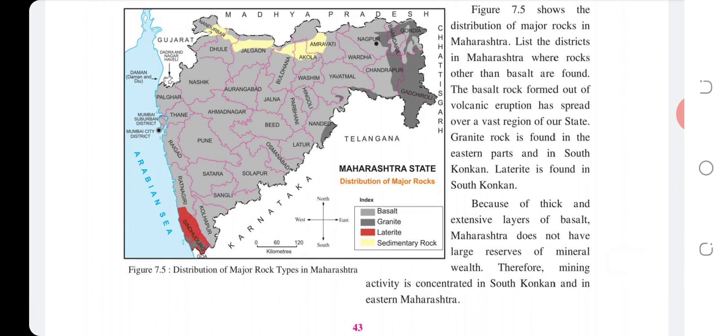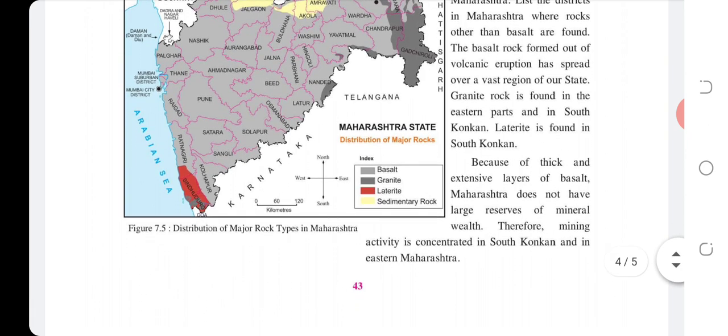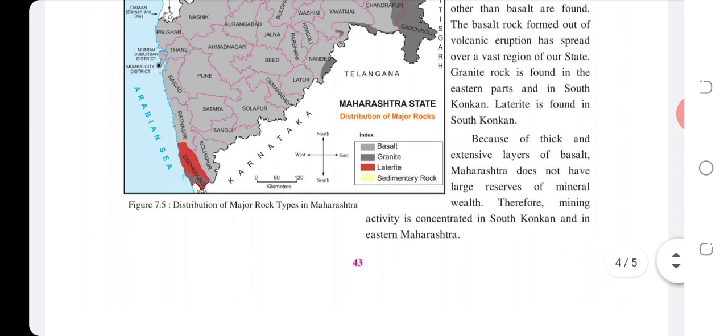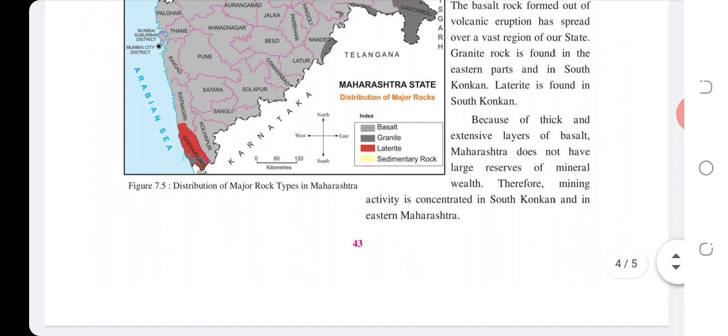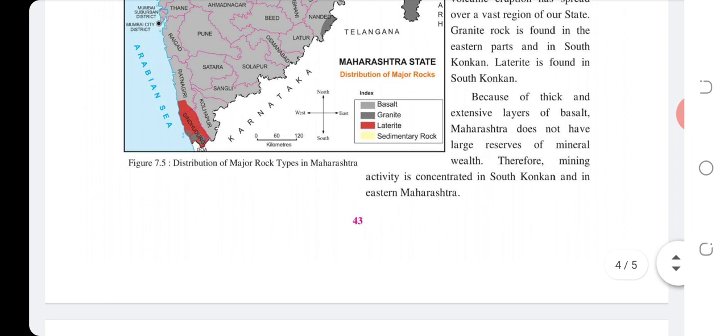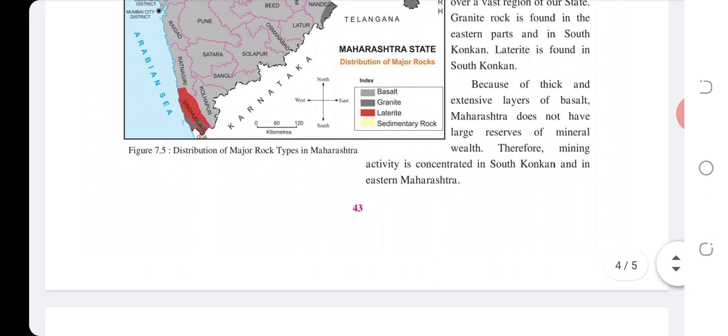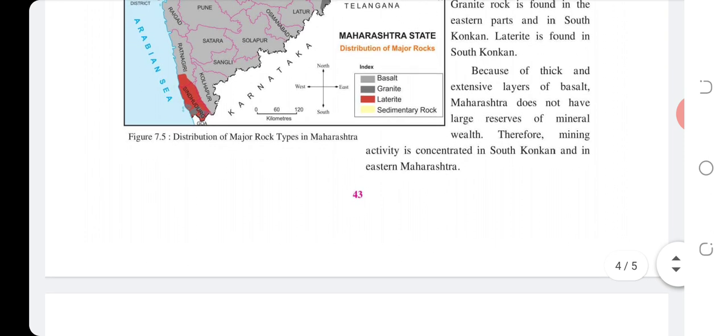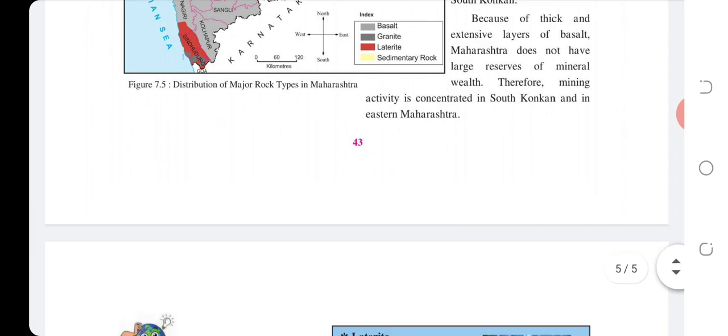Laterite is found in South Konkan. Because of the thick and extensive layer of basalt, Maharashtra does not have large reserves of mineral wealth. Therefore, mining activity is concentrated in South Konkan and in eastern Maharashtra.